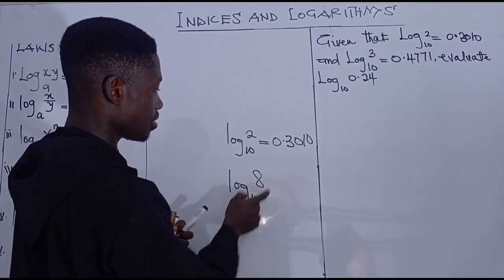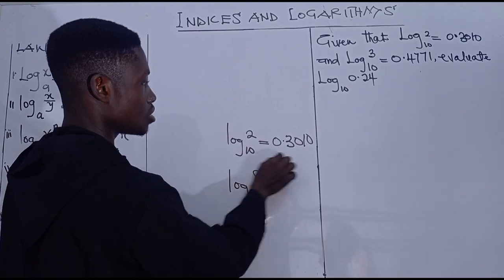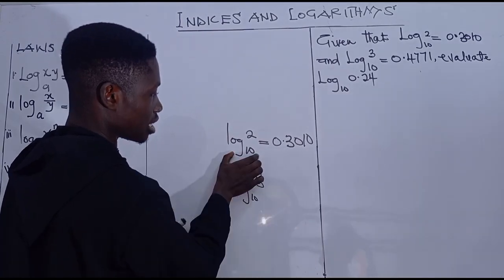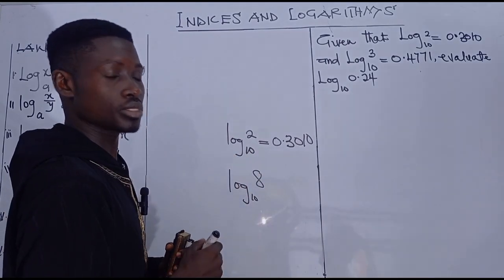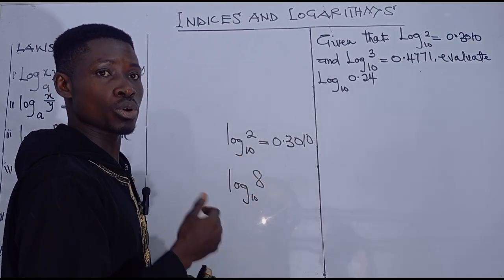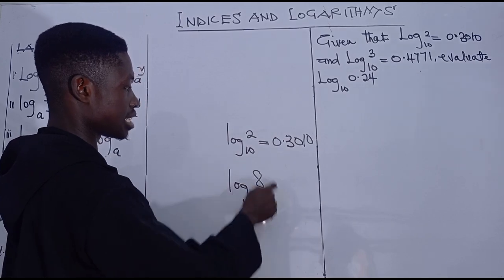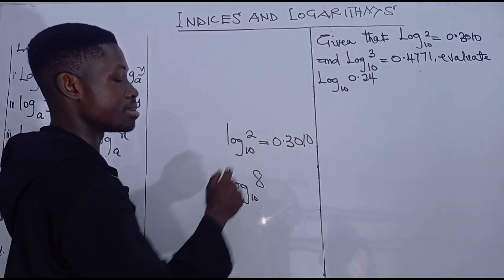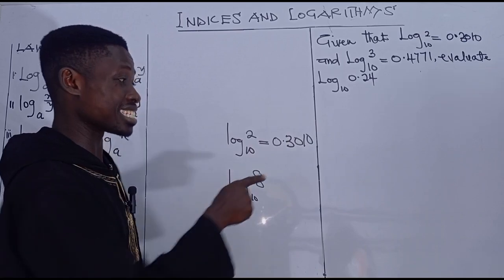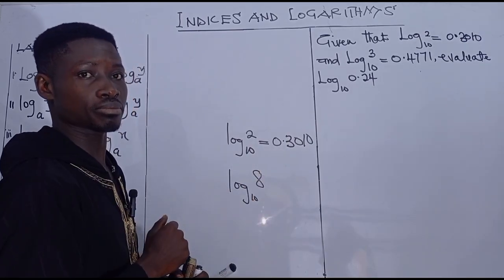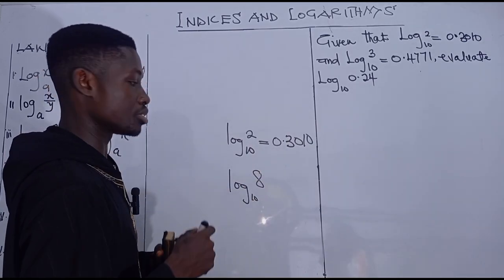So you want to evaluate this logarithmic expression using the estimated value for this log. To solve questions of this type, what we have to do is to express this logarithmic expression in the form of log of 2 to the base of 10 so that we can do the substitutions for that. So this is what we are going to do.